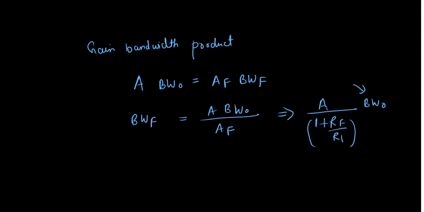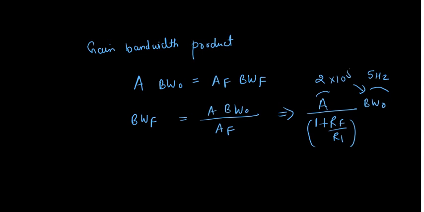The closed loop bandwidth is A times BW0 divided by AF. Look, BW0 was very small, right? But A was large. Correct? 5 hertz, 2 into 10 to the power 5.